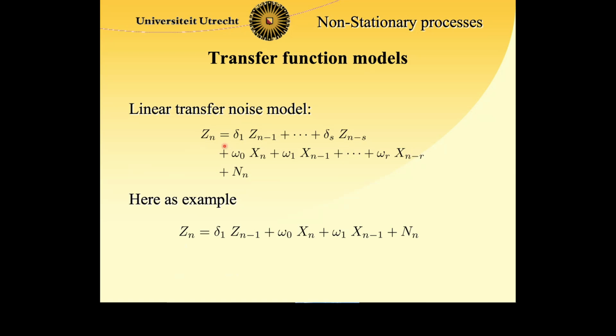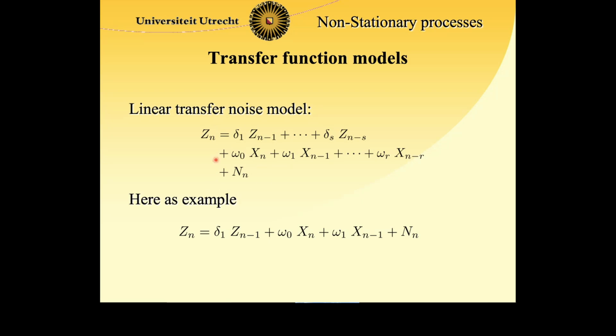So we have the autoregressive components Zn minus 1 to Zn minus S, and the moving average components x n to x n minus R. So we have S autoregressive parameters, and we have R moving average parameters. And then we have a noise process.